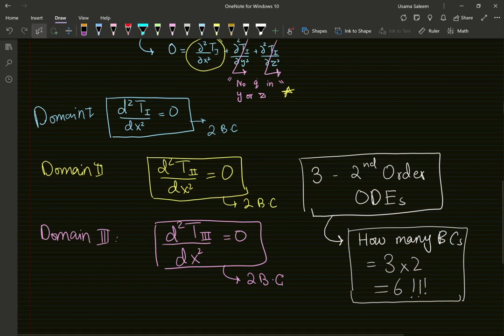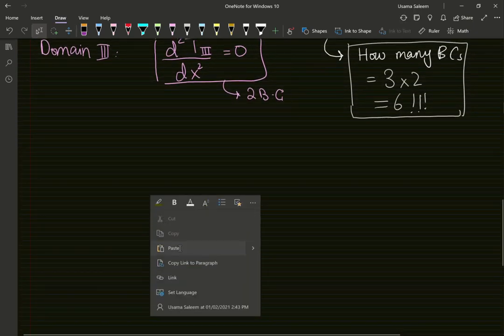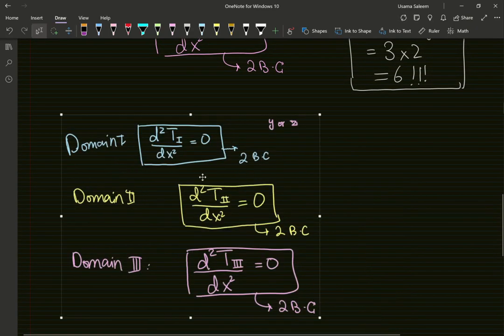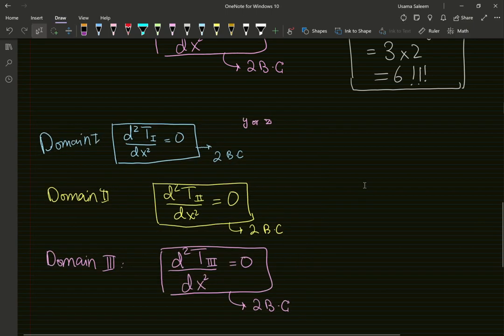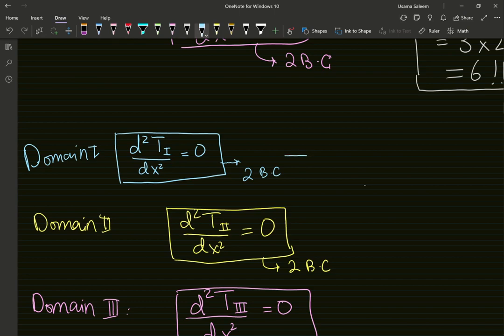Before I end this video, I'm just going to integrate each of these. I'm going to copy them, paste them down here, and give you the integrated form. I'm assuming you know a little bit of calculus to perform this. My first ordinary differential equation becomes T sub 1 is equal to A x plus B, using different colors for my constants of integration.